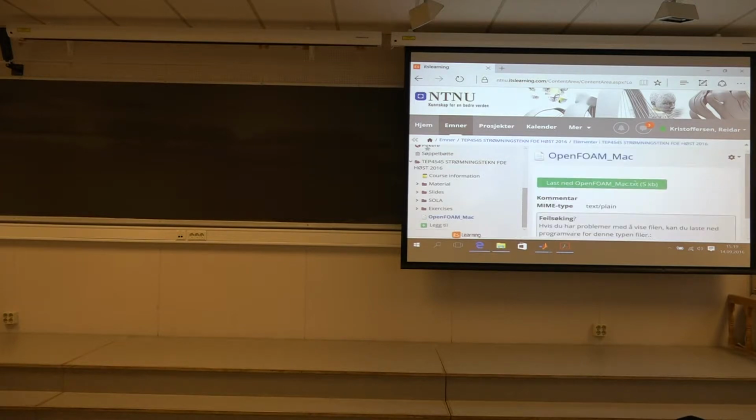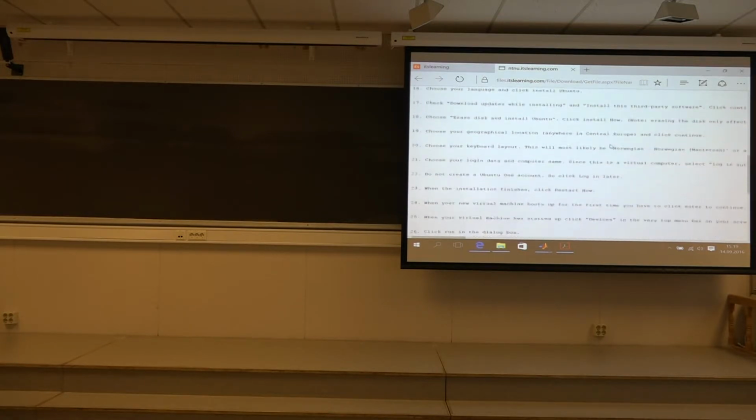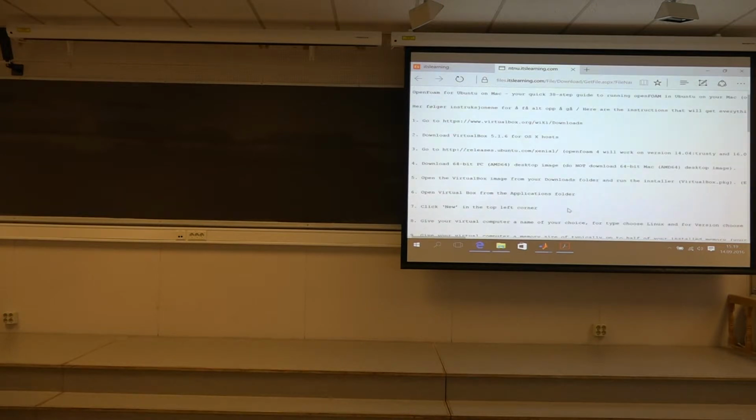OpenFOAM Macintosh. Your quick 38-step guide, so here you can start playing around. I don't have a Macintosh myself, so I haven't tested it. If you find any errors here, please tell me. But I think it's correct. So be my guest.